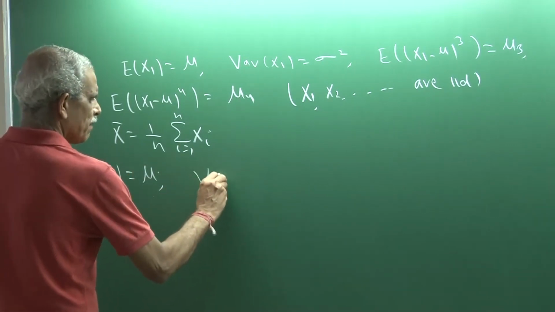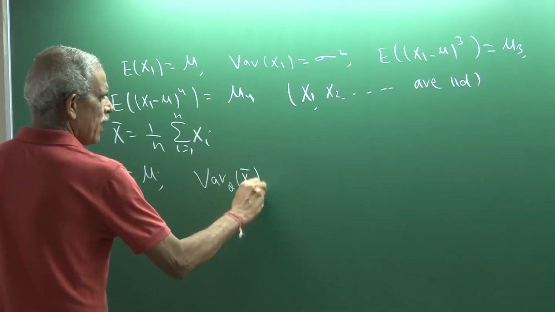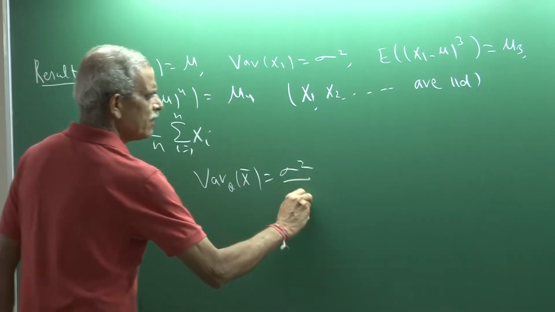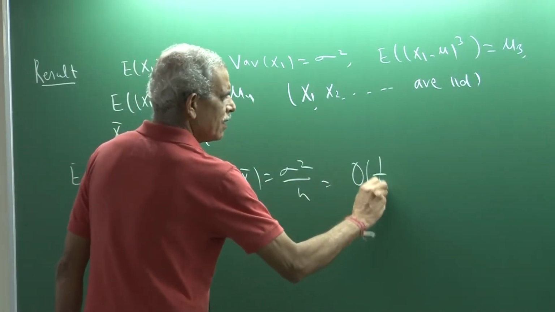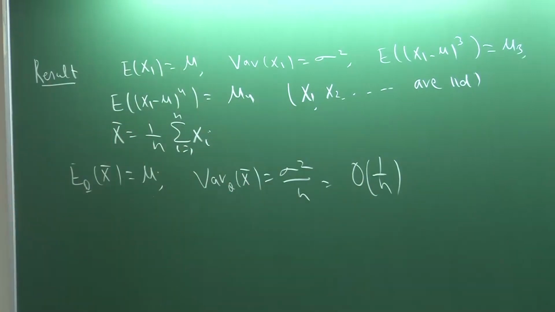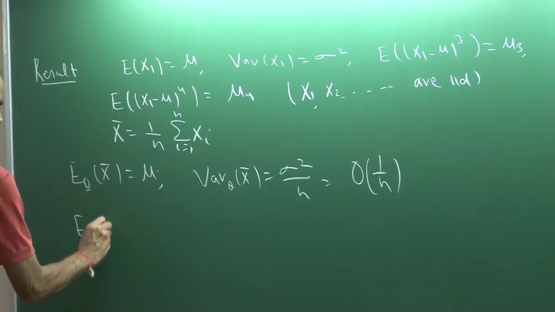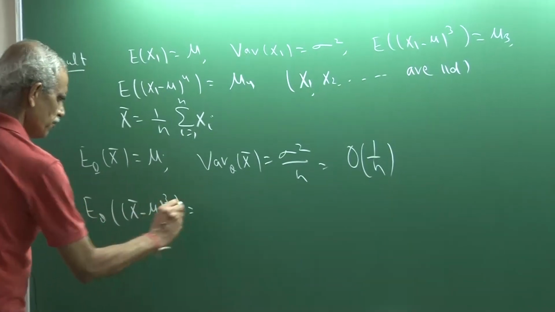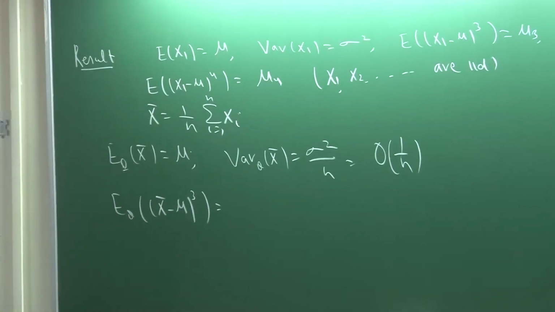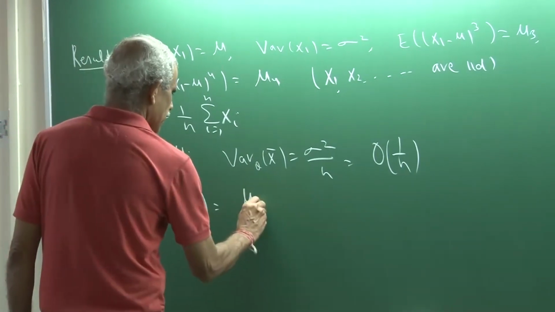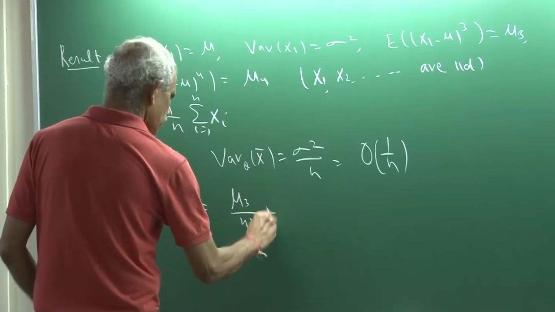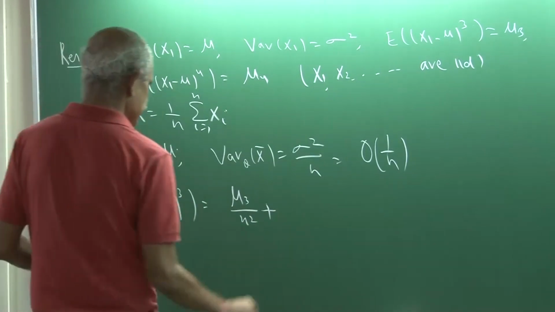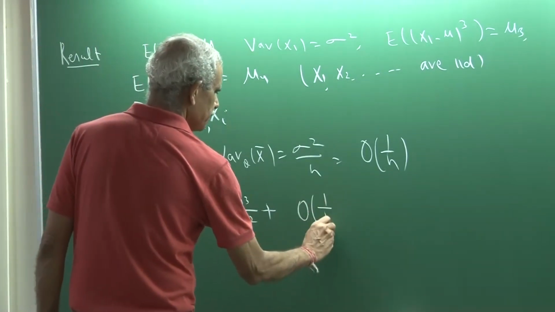Variance of x bar is sigma square by n, which is order of 1 by n. Then we also saw that expected value of x bar minus mu whole cube is mu3 upon n square, which is order of 1 by n square.